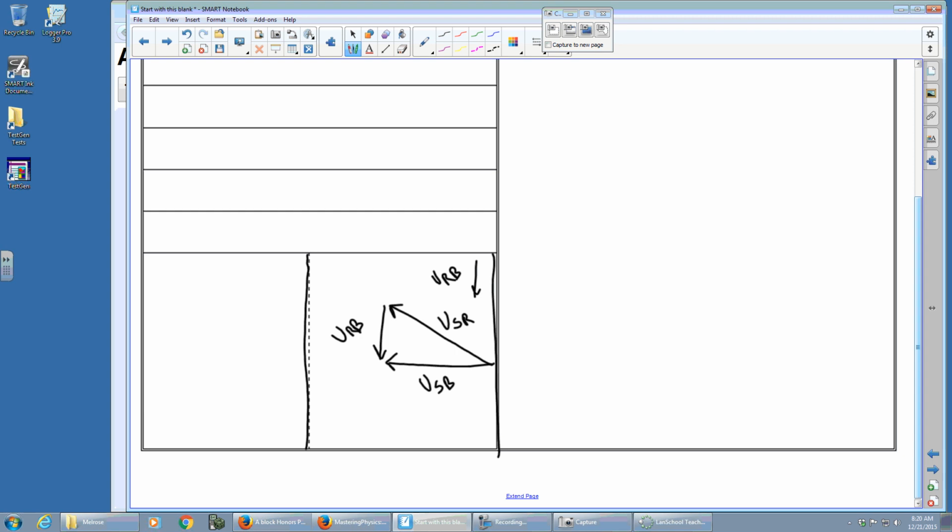All right. So you could put some words in there. You could also just do a nice vector diagram on this one to show that you understand it. I'm going to call this angle theta.